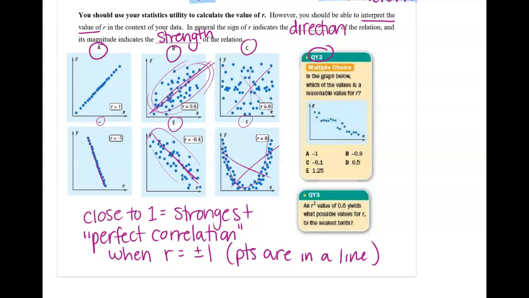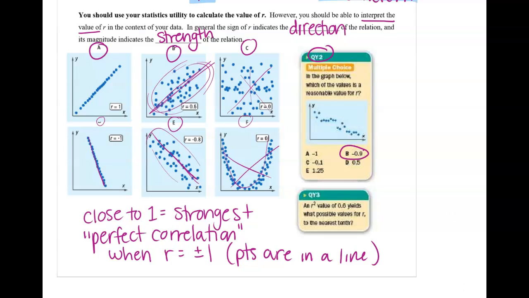Looking at this, take a second and think, in the graph below, which of the values is a reasonable answer for R? Again, this is just among the choices. Okay, so you should have come up with negative 0.9.